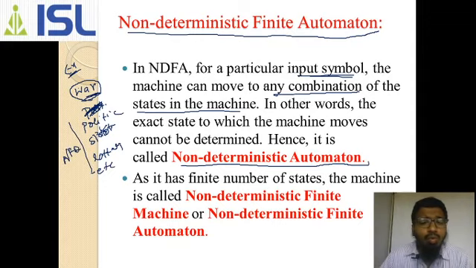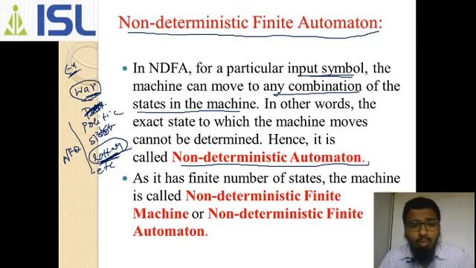For a particular input symbol the machine can move to any combination of the states in the machine. Take the lottery example. Here it will take one input and search all the combinations and we will get the result, and the result is not deterministic. In other words, the exact state to which the machine moves cannot be determined. We cannot determine which lottery number is going to be final. That is called non-deterministic automation.